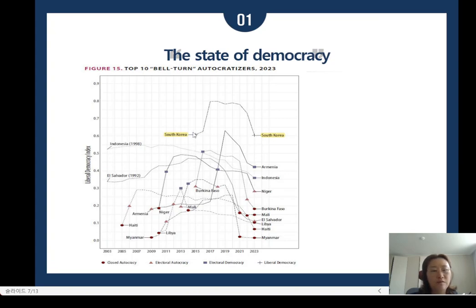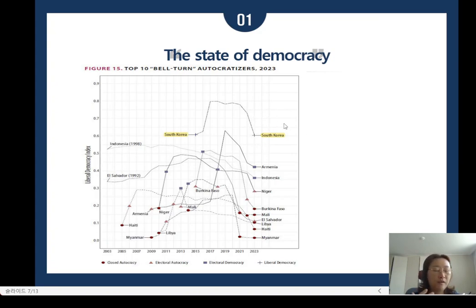2014. In 2014, the level of democracy was only 0.6. And then, of course, Korea is a democracy, and it has developed pretty much over here, right? So it's Moon Jae-in's government. But South Korea has retreated pretty quickly after the Yoon Suk-yeol government.